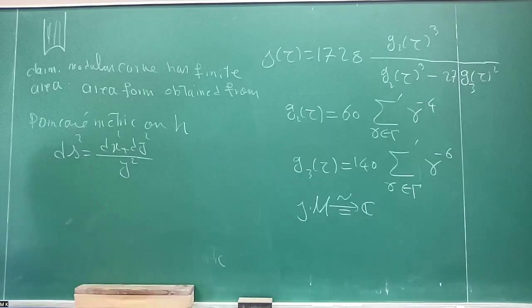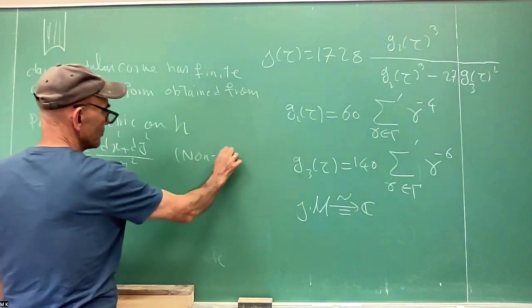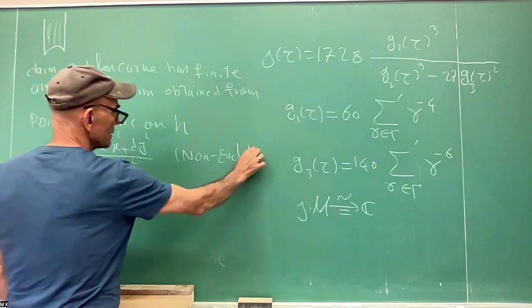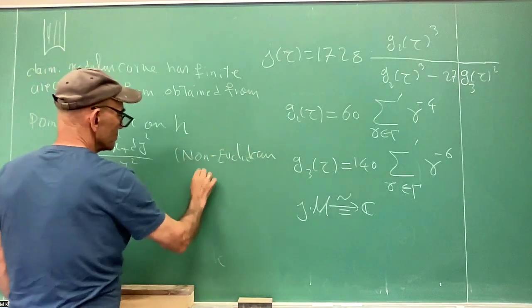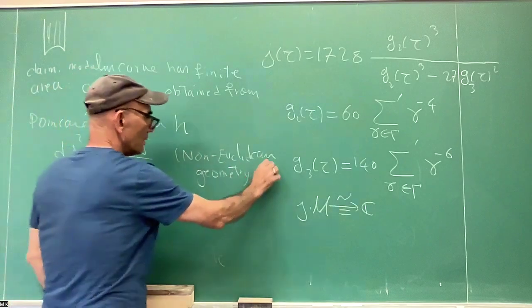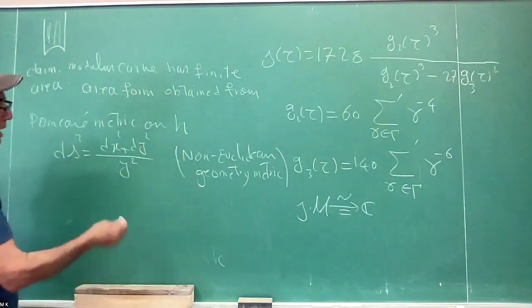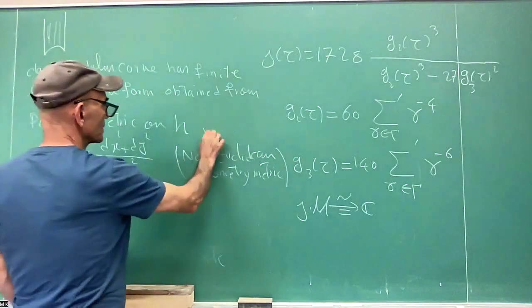This is the metric whose geodesics give us non-Euclidean geometry, the famous non-Euclidean geometry, which was all the rage in the 19th century. Everybody wanted to know what it is. Non-Euclidean geometry metric, or you can say hyperbolic geometry, same thing.